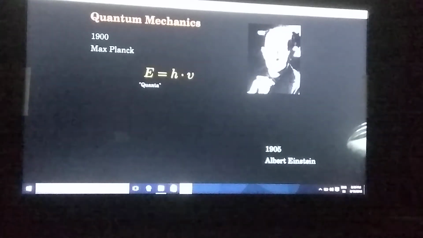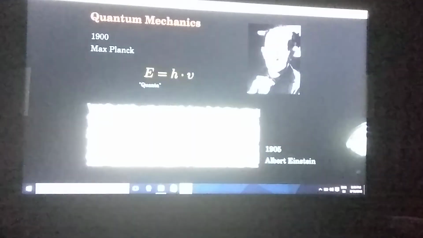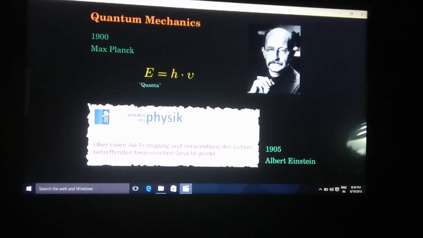Sometime in 1905, a relatively unknown person, Albert Einstein, published an article in the Annalen der Physik, and there he explains the concept of photon packets, light packets, or the light quanta called photon.